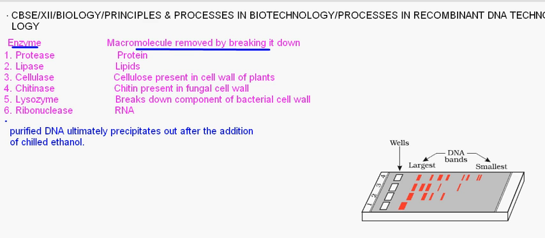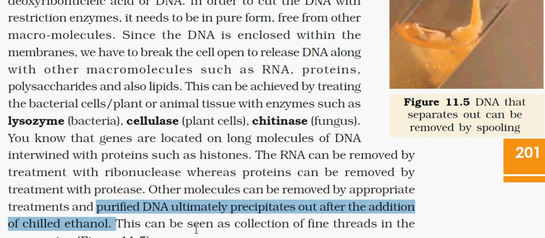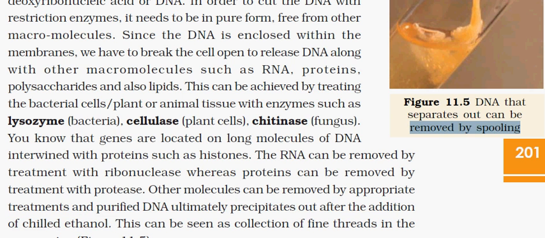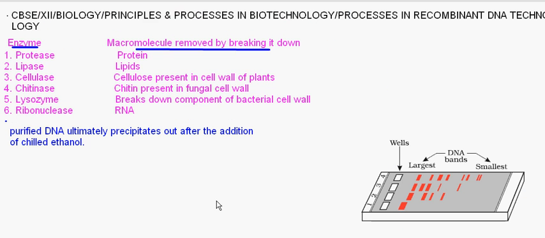I repeat, once all of these enzymes are applied, the purified DNA precipitates when chilled ethanol is added, and the last step is isolation using spooling. Now coming to the next step.